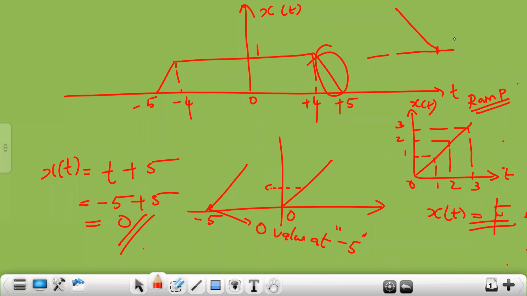So what should be the signal's equation? t minus 5. Yes, very good. It is t minus 5 because at 5 only you are getting 0. So you got the equations for all the portions, it seems.